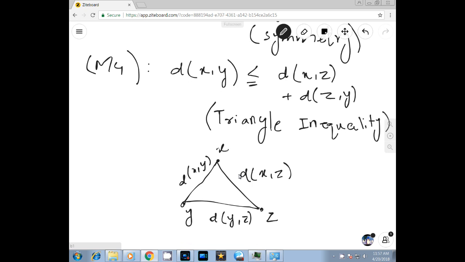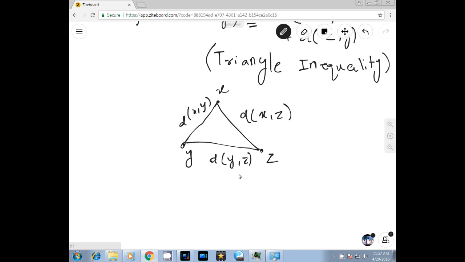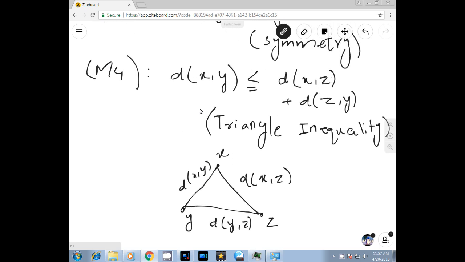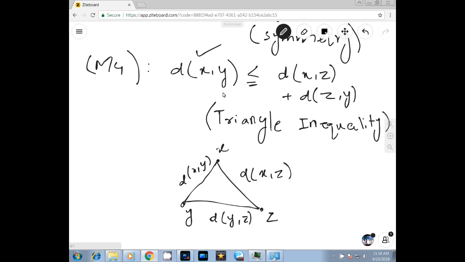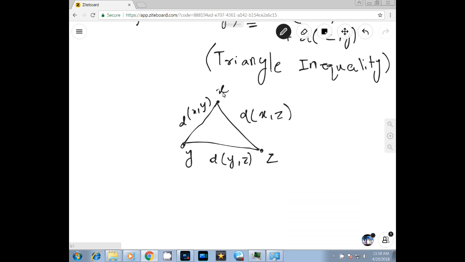Now apply a property of triangles: the length of any side of a triangle is always less than or equal to the sum of the lengths of the other two sides. So this is the length of one side, and on the other hand we have the sum of the lengths of the other two sides. This was very simple and easy to understand.